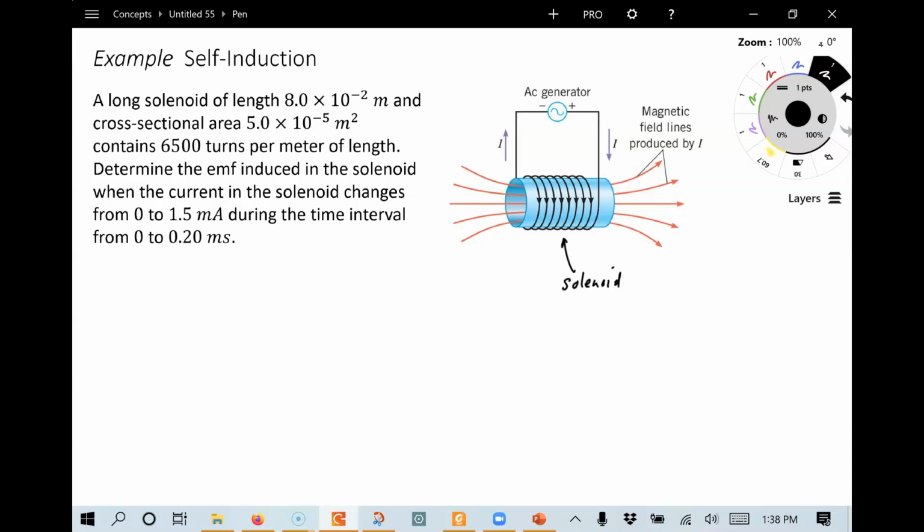As the current flows, we can use our right-hand rule to determine that if the current is coming over the top like this, then wrap your fingers around the direction of the current. Your thumb points in this direction. That's going to be the North Pole. And so right now you have a flux that is passing through the loop, and it's going out in that direction.